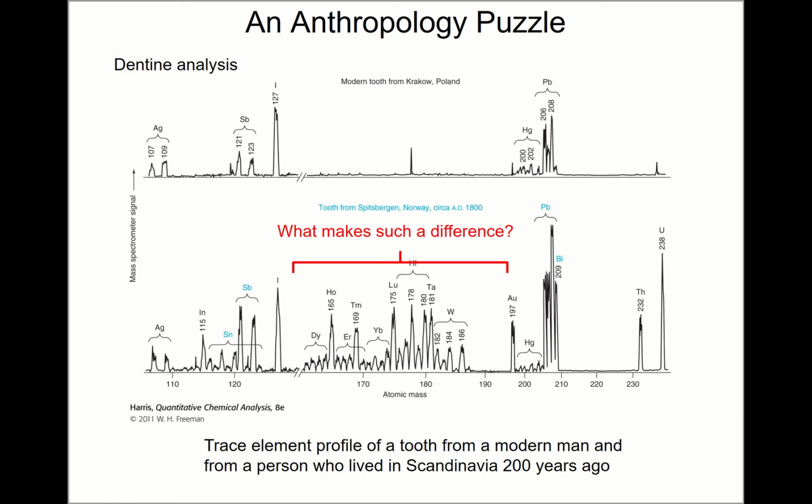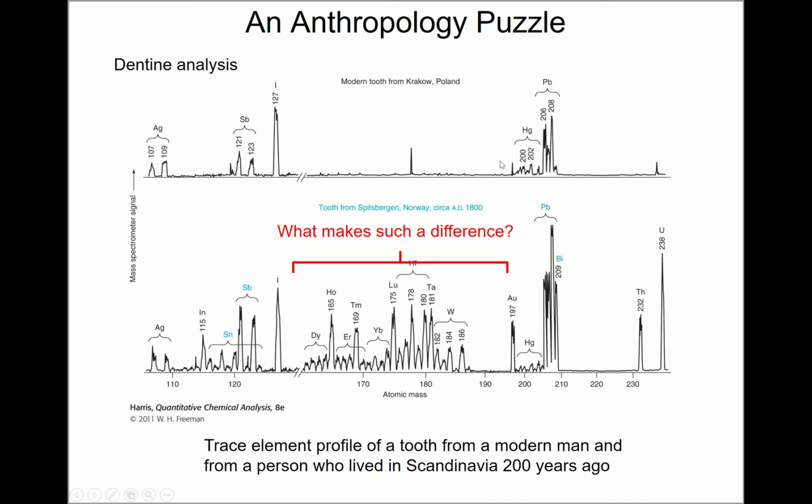The above one is the modern tooth from Krakow in Poland, and the lower one is the same dentin sample, but from a tooth from Spitsbergen in Norway, about 1800 AD. You see a very big difference in the middle part.